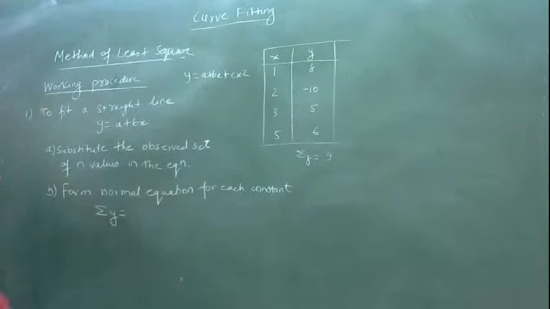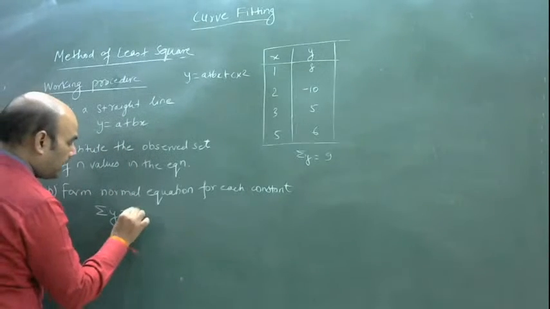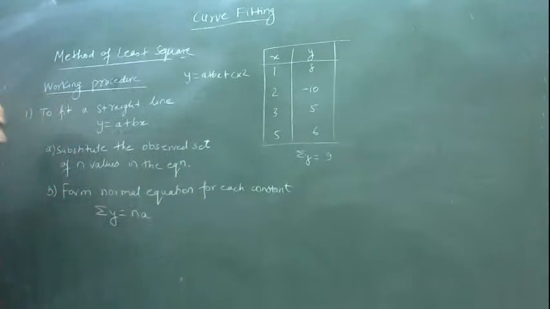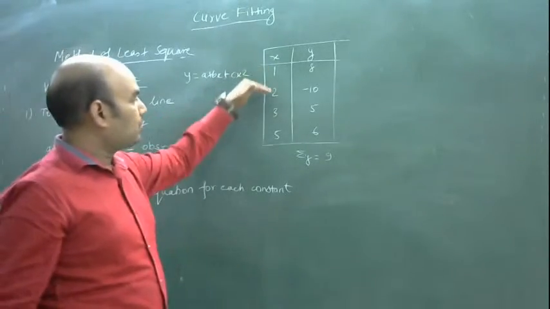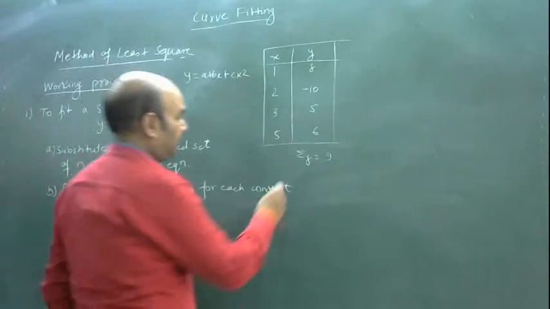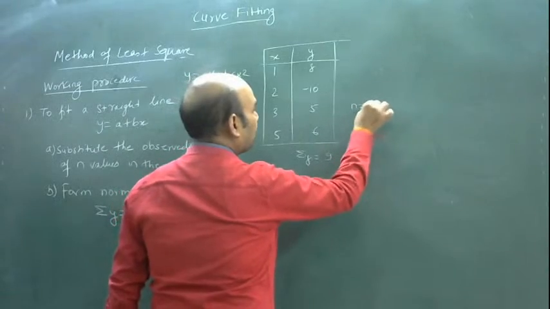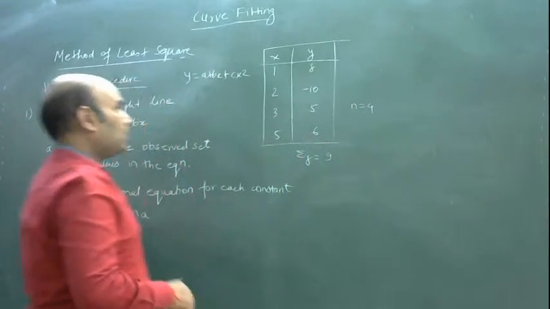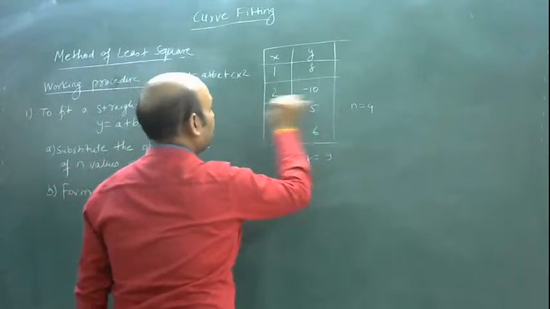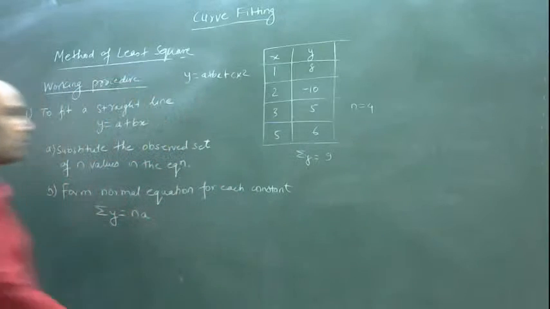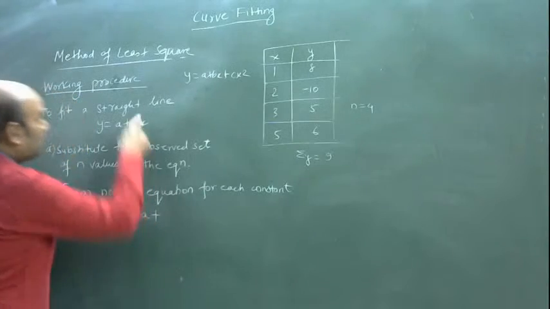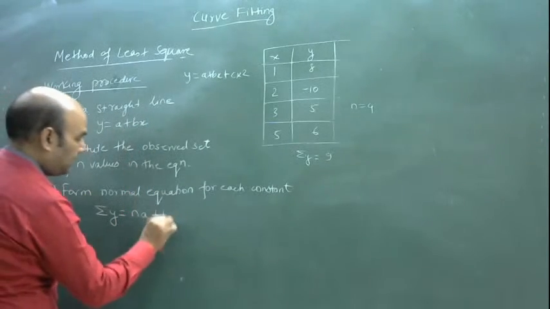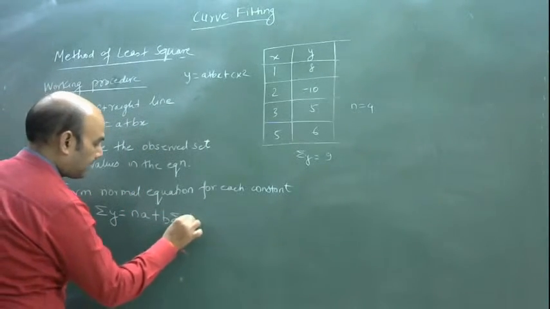This will be equal to n into a. What is n? n is the number of values given. Here n will be equal to 4, as 4 values of x, y have been given. Plus b into summation x.